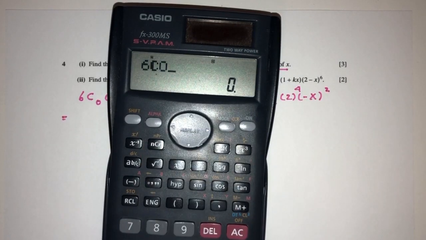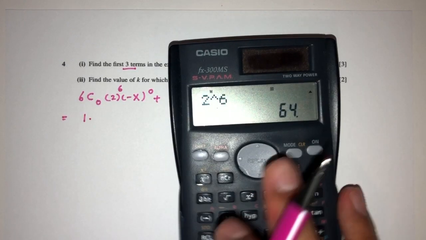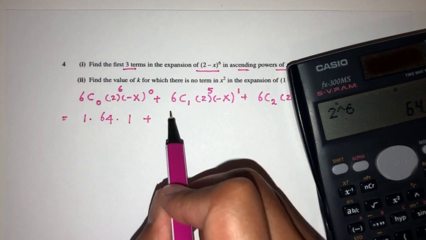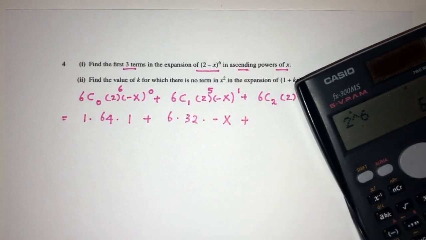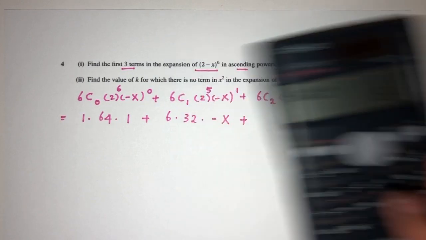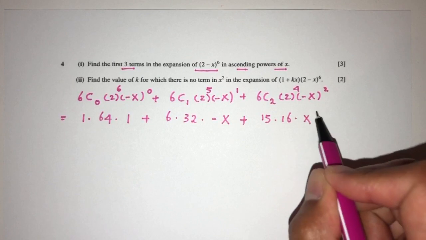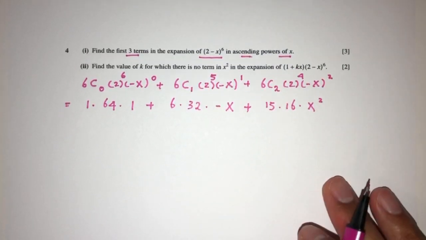6 choose 0 is 1. That'll be 1 times 2 power 6 will be 64. And this will be 1. That will be 6 times 32 will be minus x. And 6 choose 2. That will be 15. That will be 16 and x squared. 2 power 4 is 16. So let's see what else can we do.